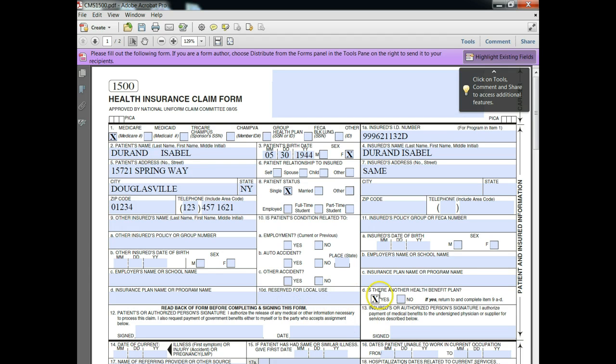Then it says, if yes, return to complete items 9A through D. We're going to go up here. We put Durand, Isabel. The other policy number is 99148-213.